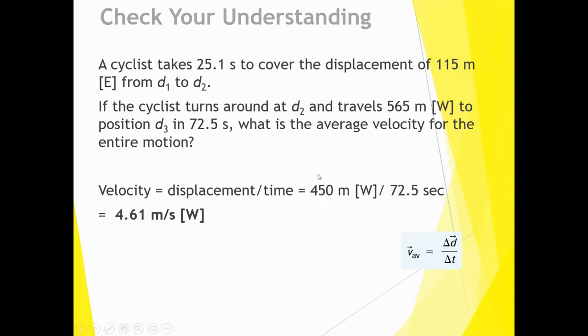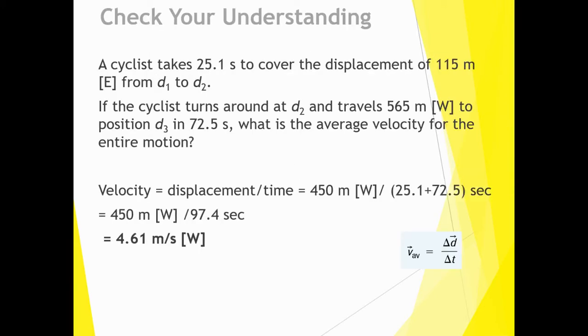So in that case, we need to consider the total amount of time it took him to do that displacement. So 565 minus 115 is 450 meters west. And it took him 25.1 seconds originally, and then an additional 72.5 seconds for the second part, which totals up to 97.6 seconds.